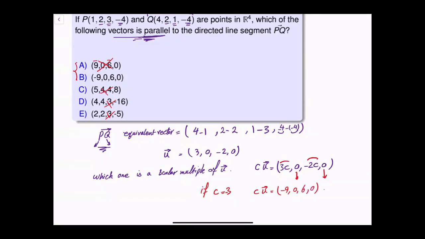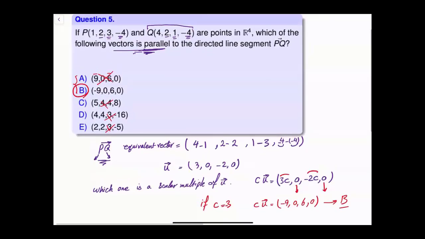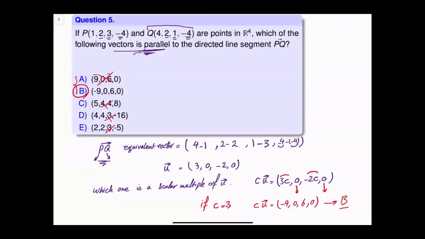And this is exactly option B that you saw. So going from the directed line segment to the equivalent vector was the first step, where we take components of the end point minus components of the starting point. And then the other step was finding which one is parallel to that equivalent vector.